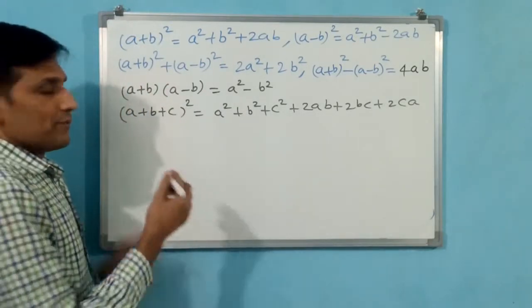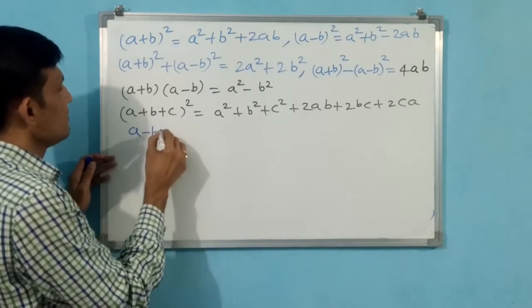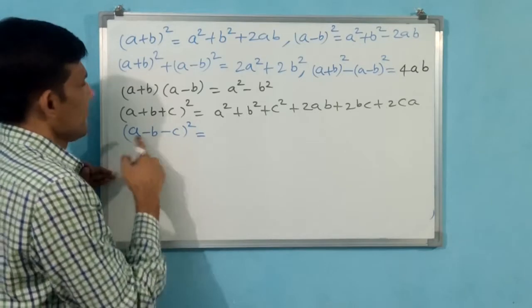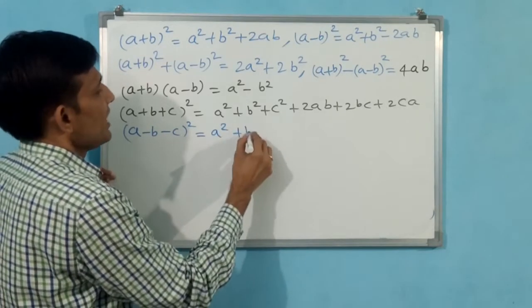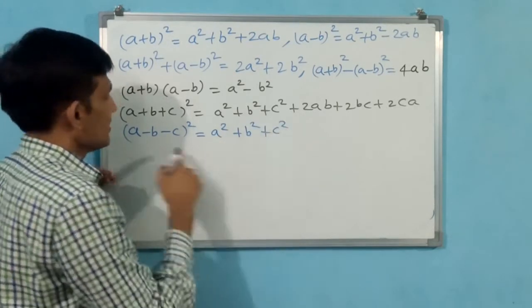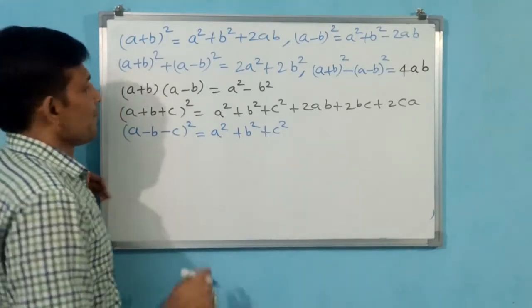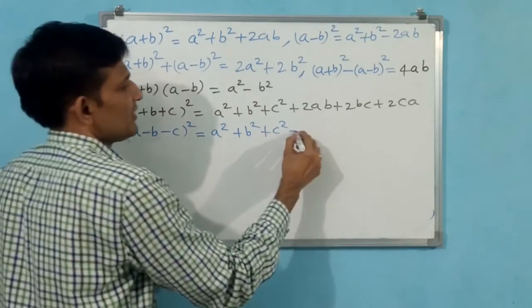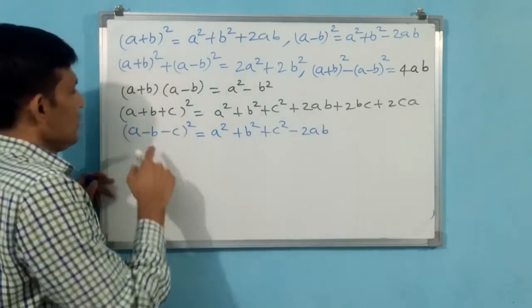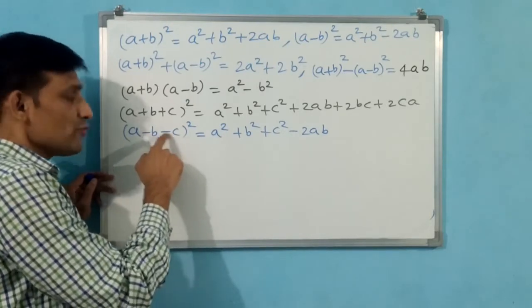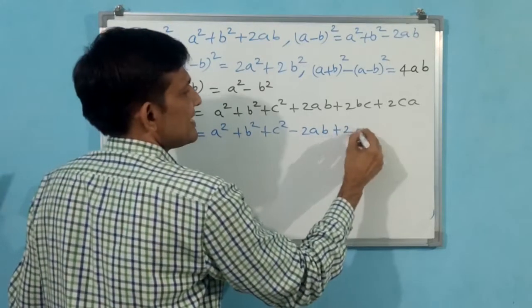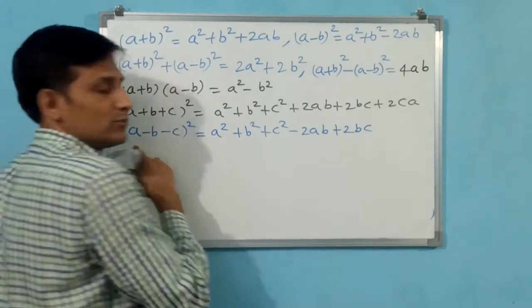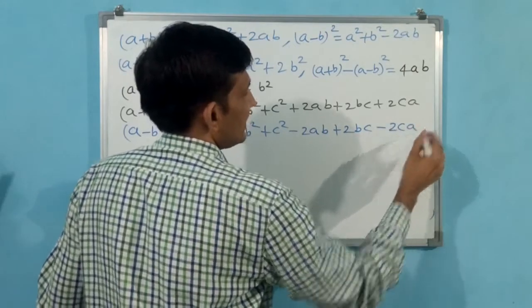Let us take two negatives: a minus b minus c whole square. A square, b square, plus c square, because they are all going to become positive. Then 2ab, ab has a minus, so minus 2ab; bc, minus into minus is plus, so plus 2bc; 2ca, one minus one positive, so minus 2ca.